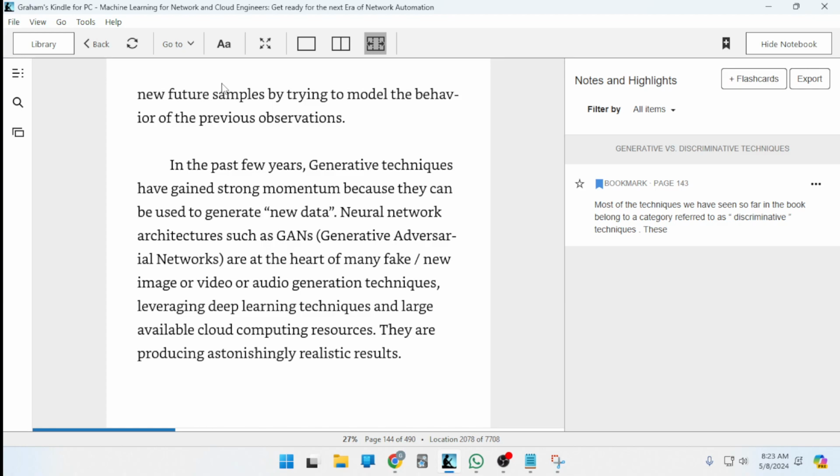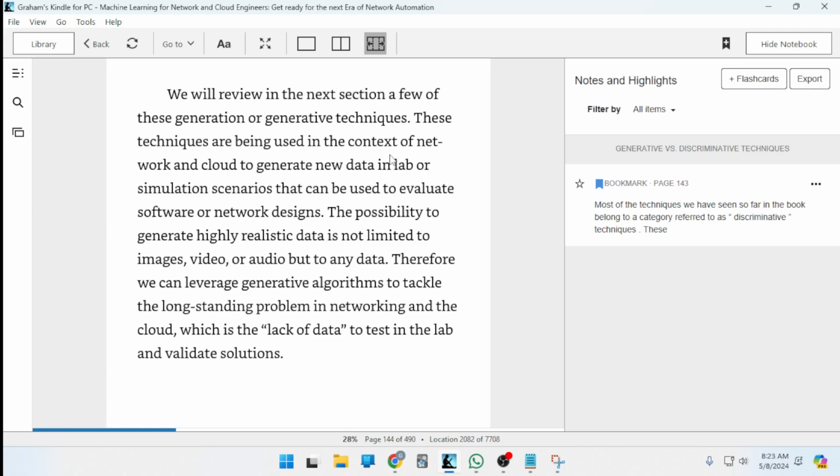Neural network architectures such as GANs, generative adversarial networks, are at the heart of many fake or new image, video or audio generation techniques, leveraging deep learning techniques and large available cloud computing resources. They are producing astonishingly realistic results. We will review in the next section a few of these generative techniques.